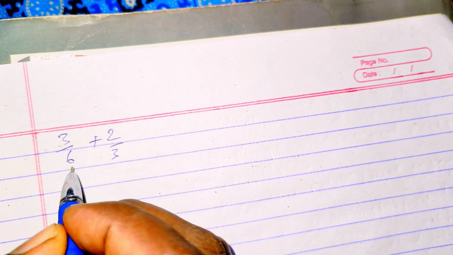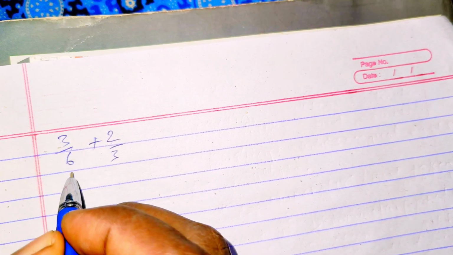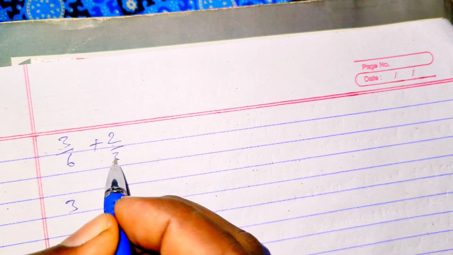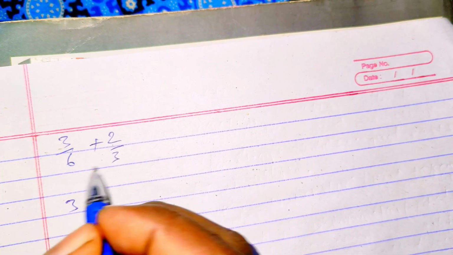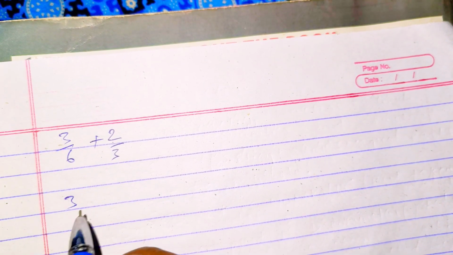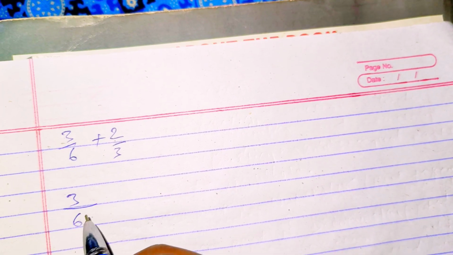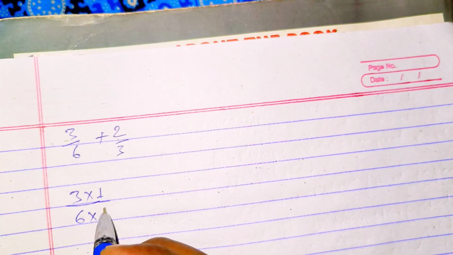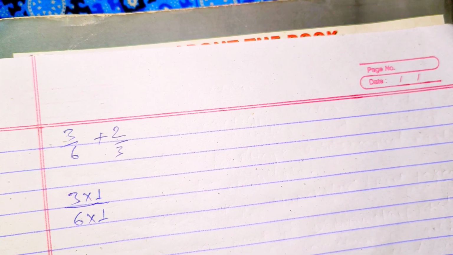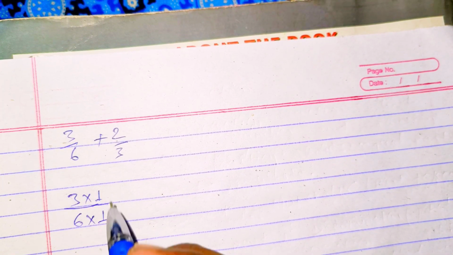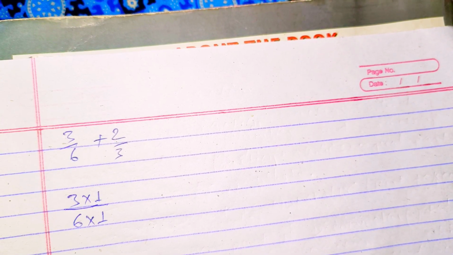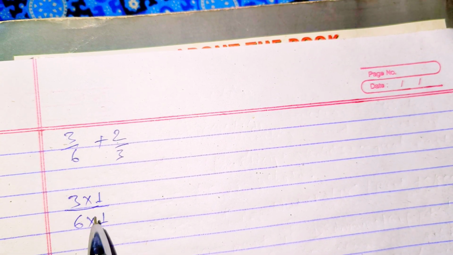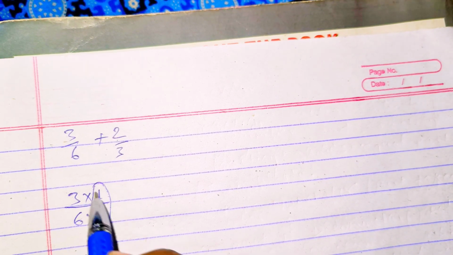Either we make 6 into 3 or 3 into 6, so that the denominator is the same. For 3 by 6, we multiply by 1. I have already told you that to multiply or divide, the denominator and numerator must use the same number, not different numbers.